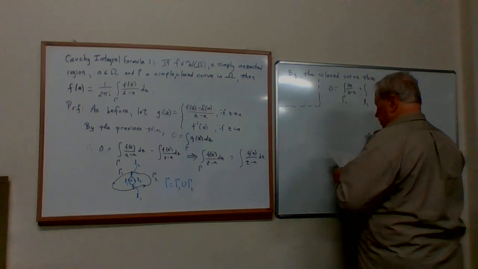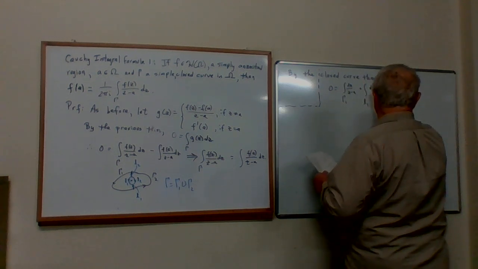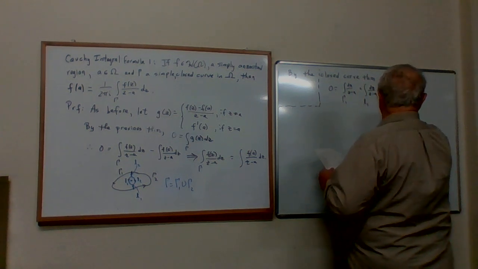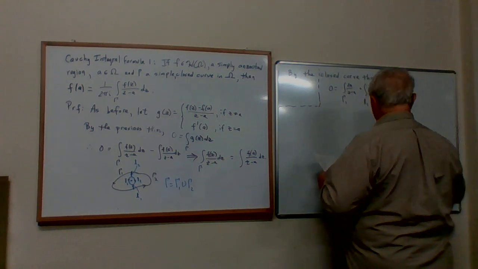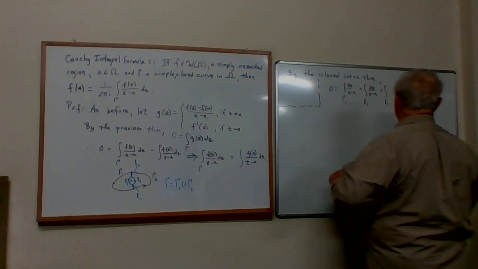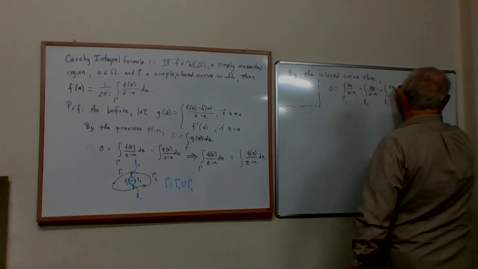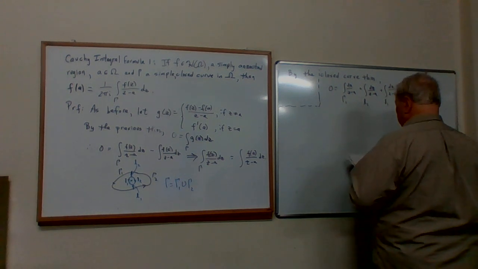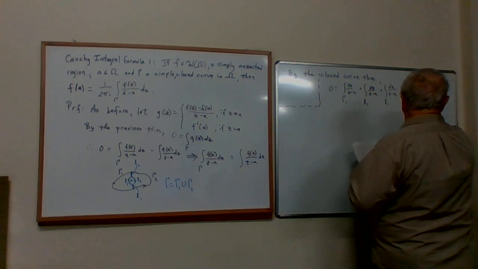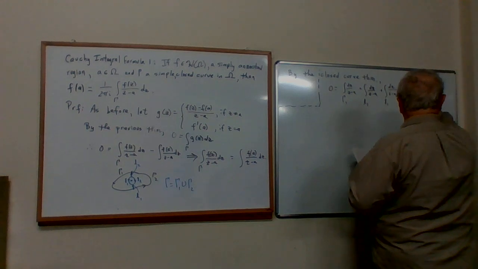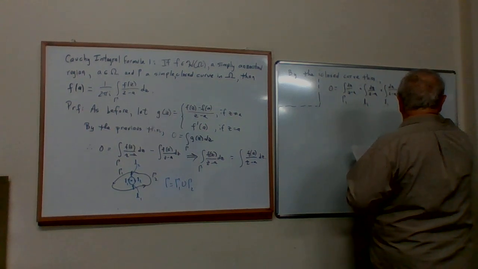I'll show you from the picture. Let me write down the equation first of the same thing, plus the integral over little gamma 1 of the same function, plus the integral over L2 of dz over z minus a.